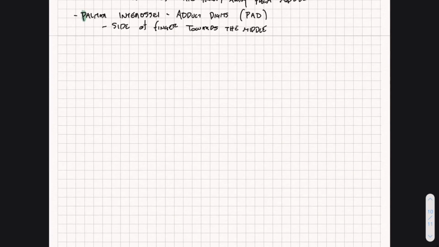So knowing all of those, there's two nerves that innervate all the muscles in the hand, the ulnar and the median. Remember, these innervated some muscles in the antebrachium. They continue down into the hand. So the median innervates the first and second lumbricals, which means your index finger and your middle finger lumbricals.